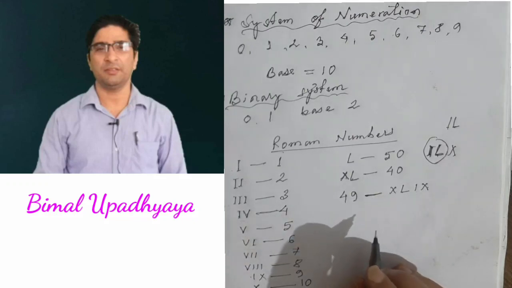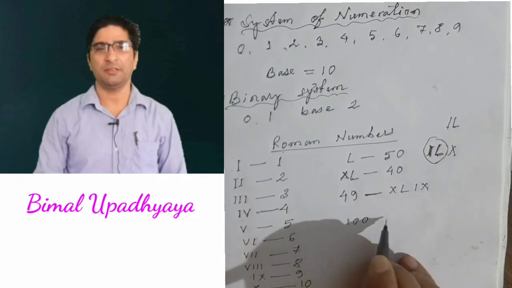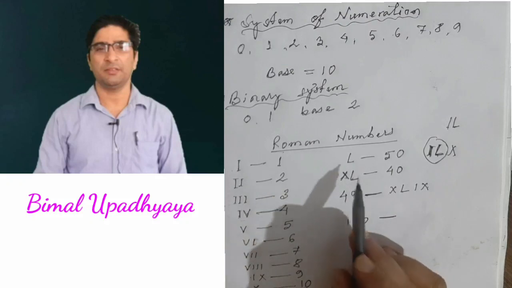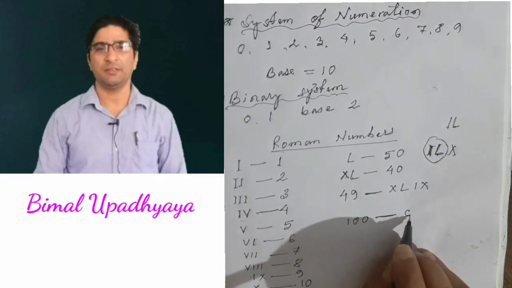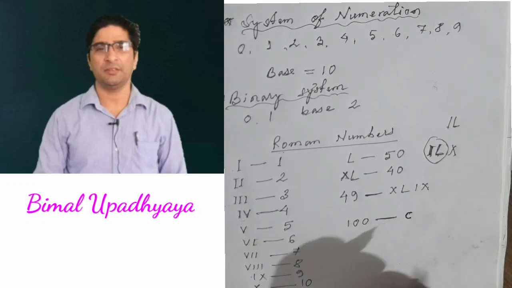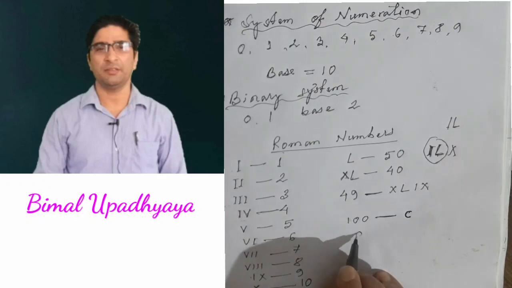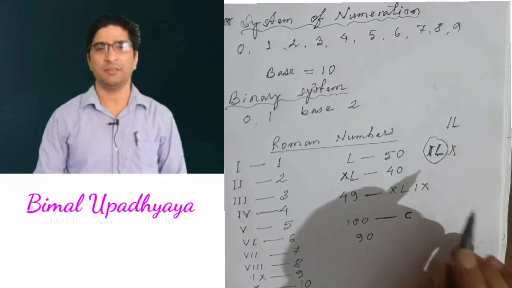Similarly, some other symbols. Now 100 is written as C in Roman numerals. Now similarly, how can I write 90?